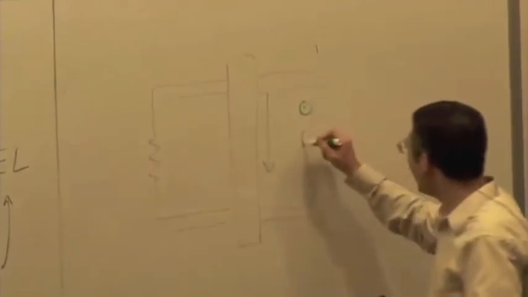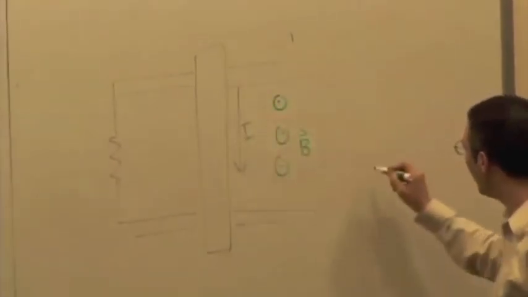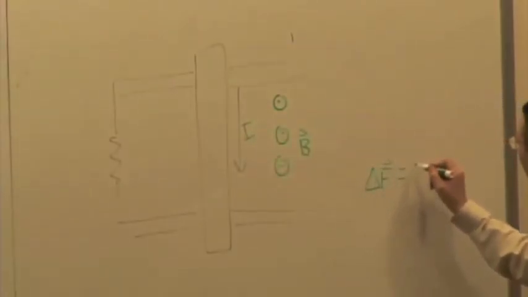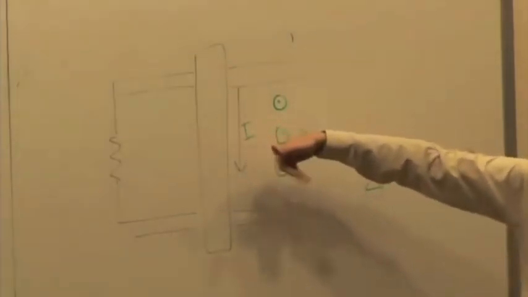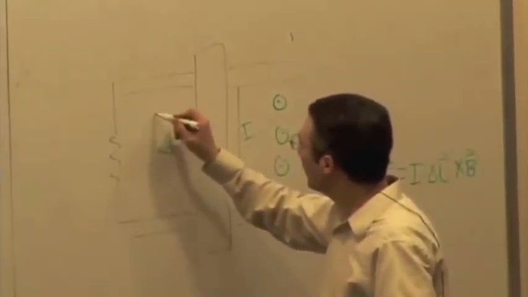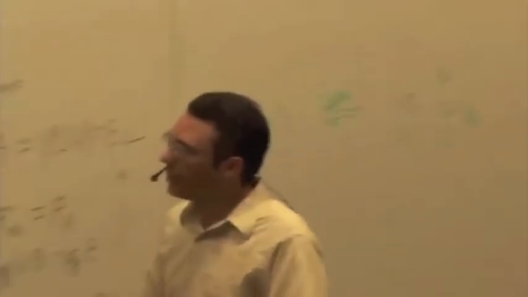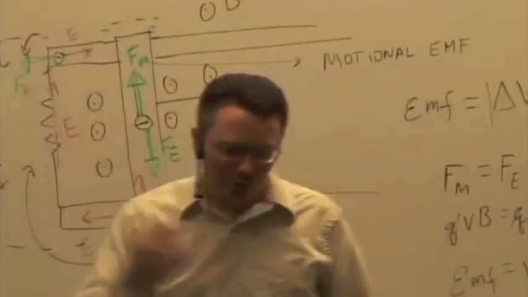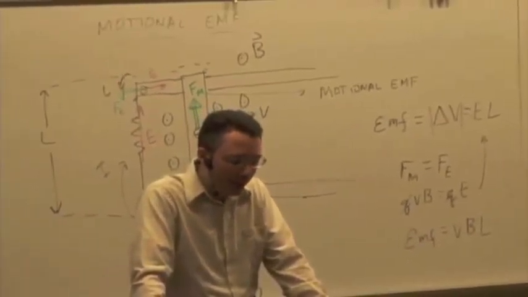And so, just from I delta L cross B, that's I, that's B, we get a force that is I cross B, thumb points in that direction. Now, didn't we just say that the magnetic force is upward on these charges? A lot of people answered that.